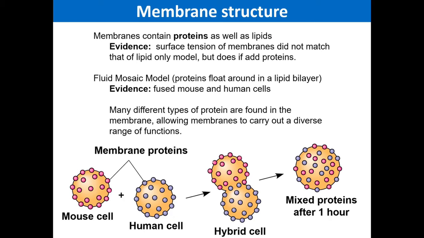The way it has been proven that membranes contain proteins as well as lipids comes from two main pieces of evidence. The first one is that the surface tension of the plasma membrane from real cells did not match the one coming from a model containing only lipids. And that's how important it is when your mathematical model doesn't work, right?